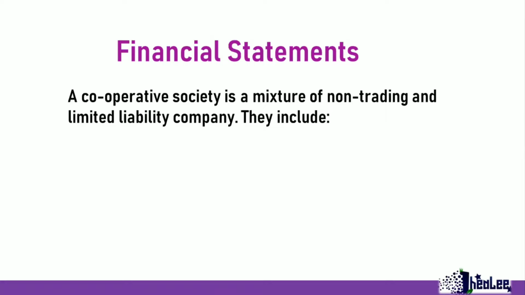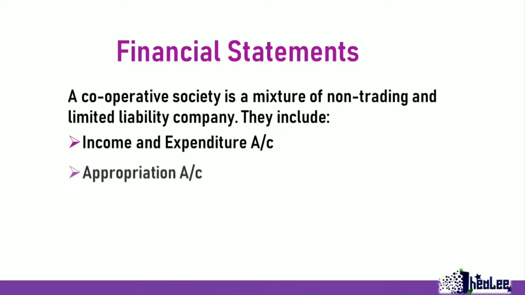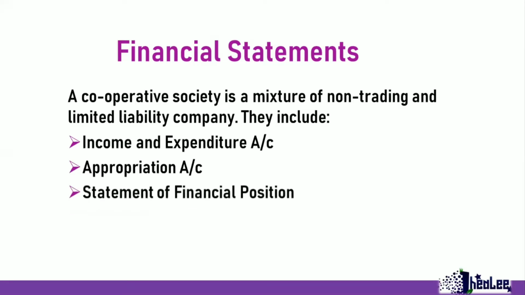Now, what are the financial statements? They include the income and expenditure account, appropriation account, and statement of financial position. A non-trade organization prepares what is called a receipts and payment account because they do not keep a cash account. Their aim is not to make a profit, so they don't prepare a cash account.